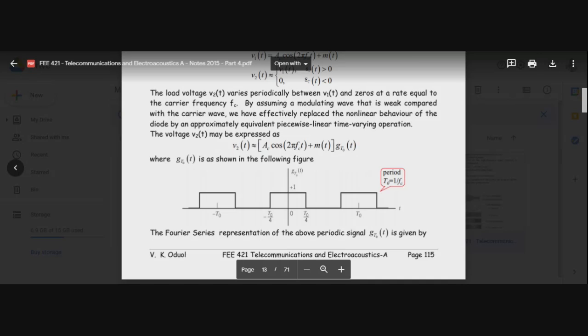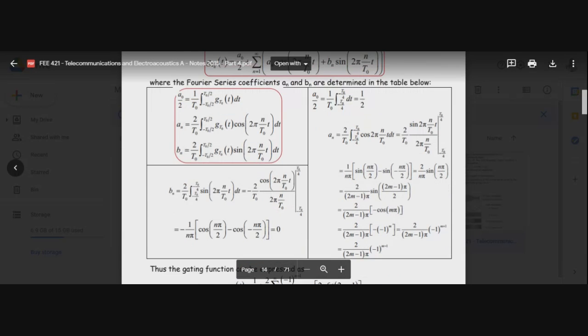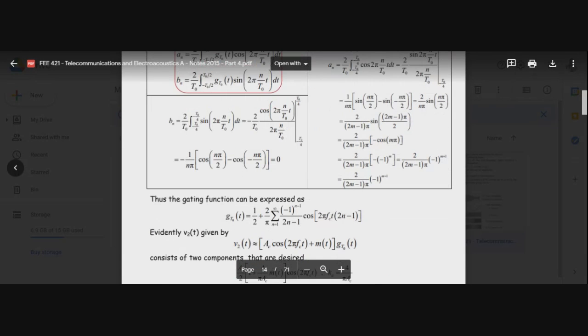It's 1 for half of the time, and the other half it is 0. So if you take any cycle, its average is a half, its peak divided by 2, and that is the first term you get in the Fourier analysis. So if somebody gave you a signal like that and asked you to write its Fourier series, you could get that half without doing integration. But nonetheless, if you do the integration, you'll find that it is a half.